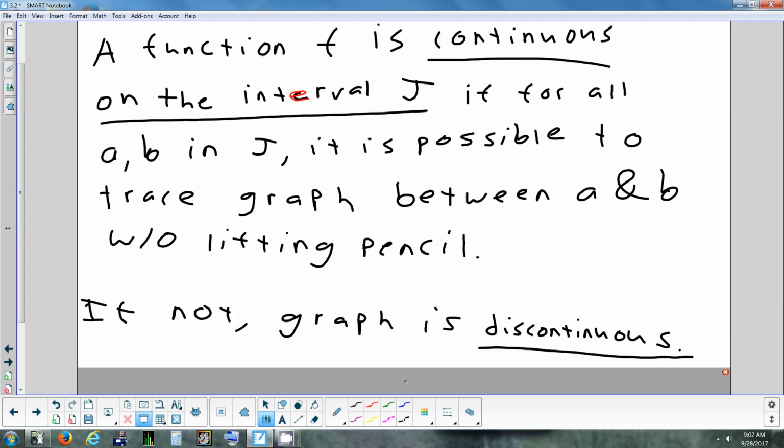If you wanted to describe continuity a little more formally, you could say something like the graph has no breaks in it. It has no undefined values in it. It has no asymptotes. You could use more specific words to describe what it means to be continuous, but the idea is that you can go from point A to point B without lifting your finger to trace it.